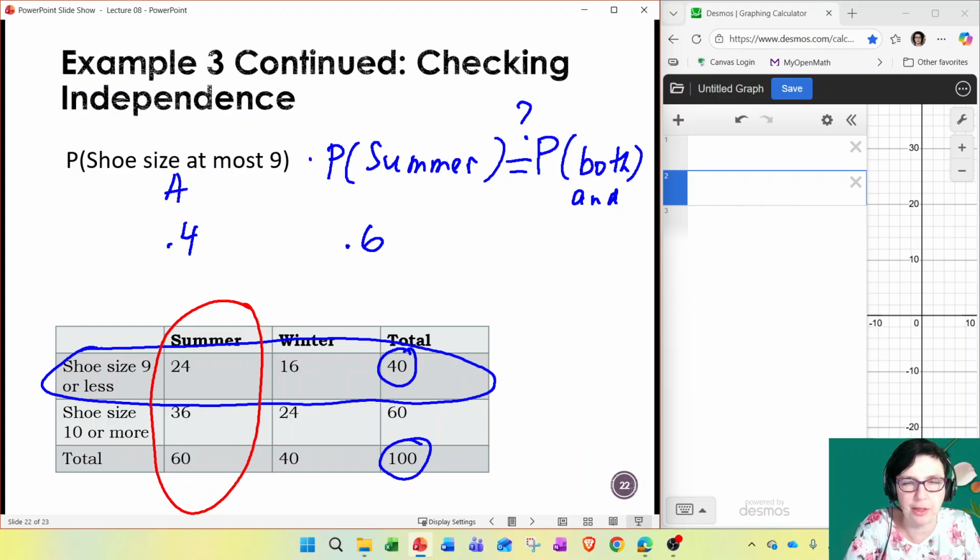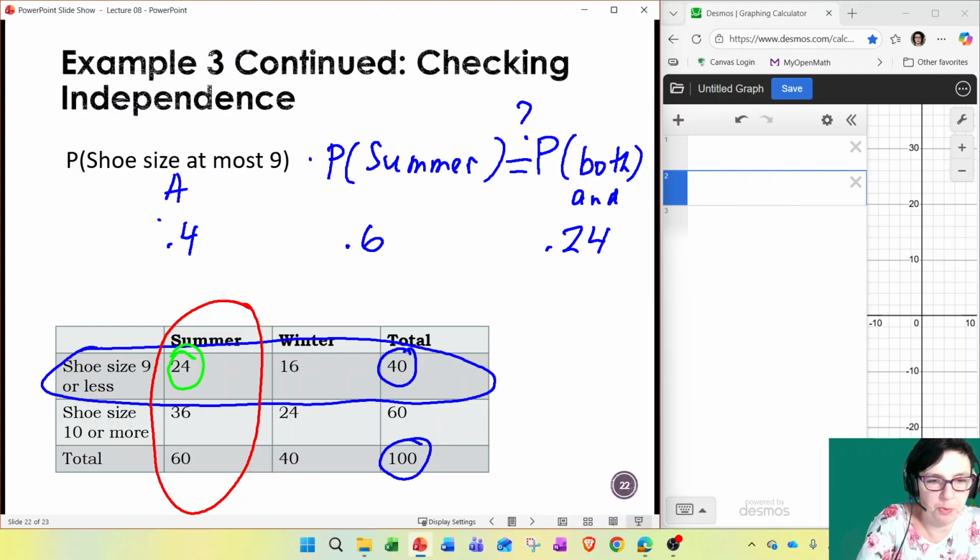Remember, "and" and "both" in probability theory are really the same thing. Somebody has to have a shoe size at most 9, and at the same time should like summer. That would be these 24 people. So we're going to take 24 divided by 100, which is 0.24.